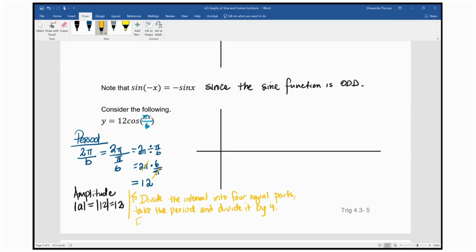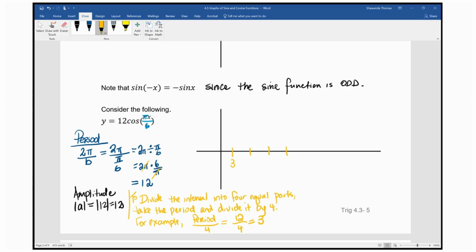So for example, our period here is 12. Period divided by 4, period is 12, we divide it by 4. What do we get? 12 divided by 4 is 3. And that tells us the distance apart for each section. So let's put 1, 2, 3, 4.